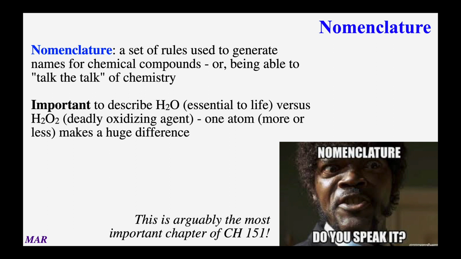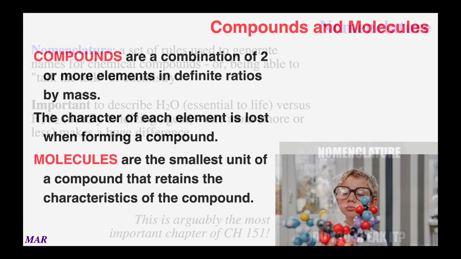And like I just showed you, an additional atom or one less atom can make a big difference in the reactivity, so you have to be very careful. Arguably, this is the most important chapter of Chemistry 151, because if you don't know how to ask for the right chemicals or tell others which chemicals you have, that might be kind of a bad thing.